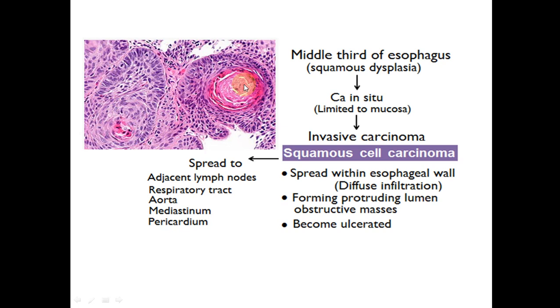So in squamous cell carcinoma, the tumor may either spread within the esophageal wall, and this we say is diffuse infiltration, or it may accumulate, forming masses that protrude into the lumen of the esophagus, and they can cause obstruction in the esophagus, and dysphagia and odynophagia, and difficulty for food and finally liquids to pass through the esophagus.